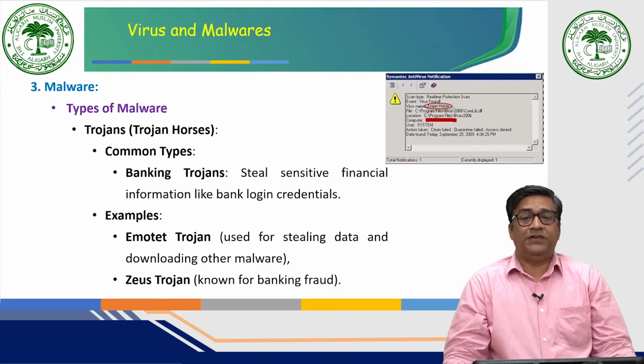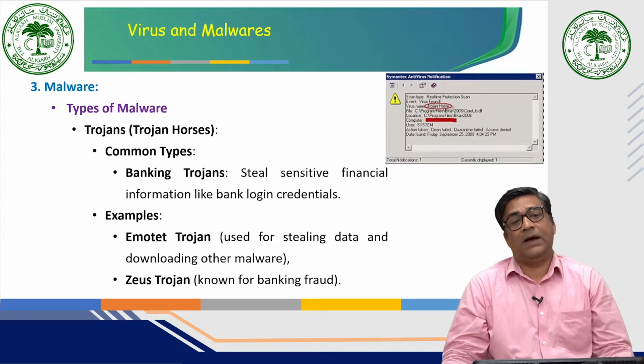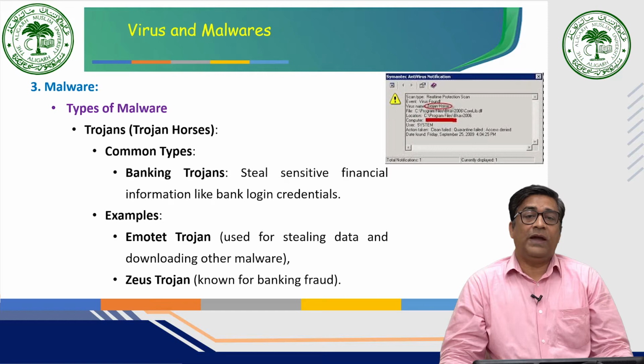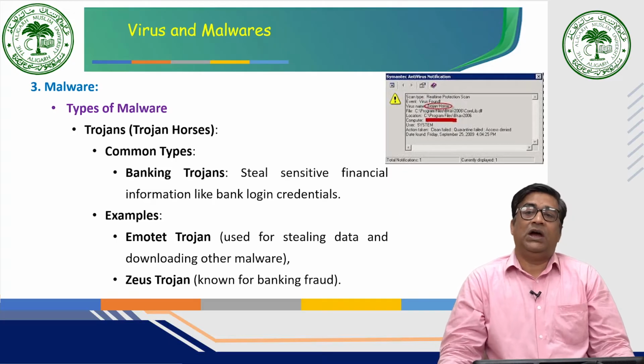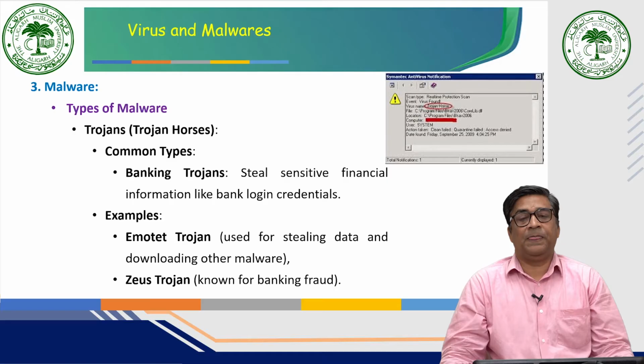Now we will see some more types of malware, and we are discussing the Trojans here. The banking Trojan is another type of Trojan that is specially designed to target online banking and financial transactions.